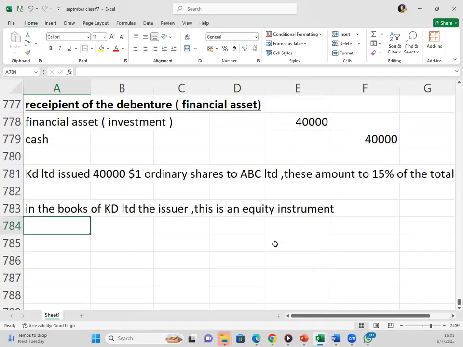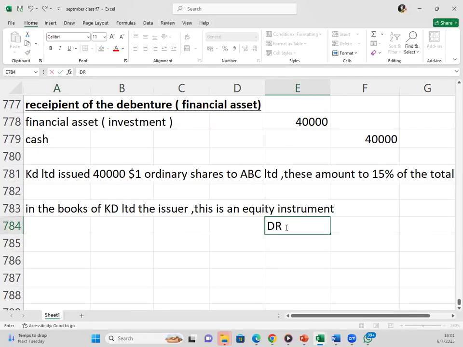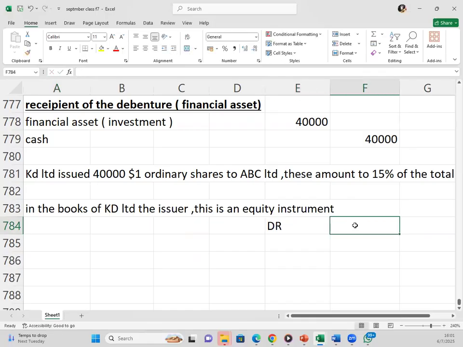How do you account for this? These are journal entries that you already know. I'm sure you know how to record a liability, but these basics we will need later on. That's why I have to repeat them.